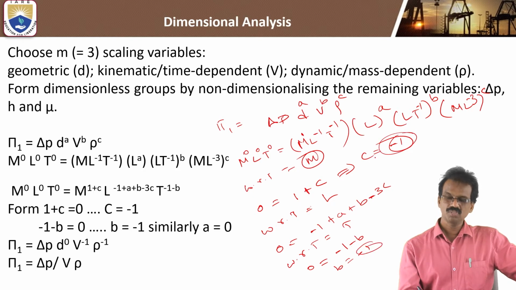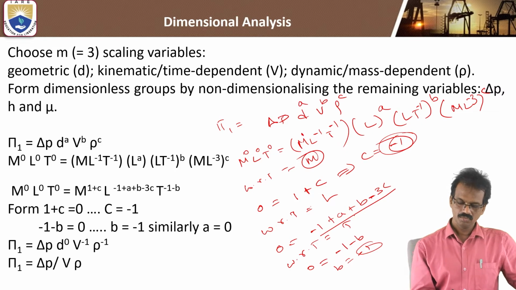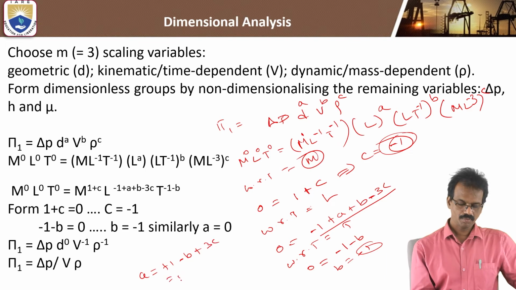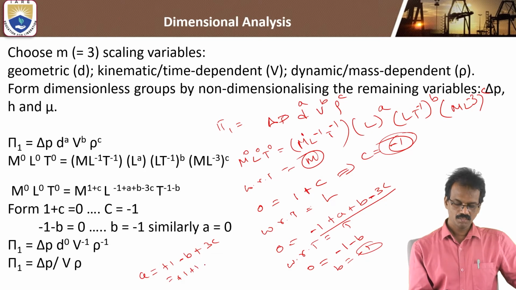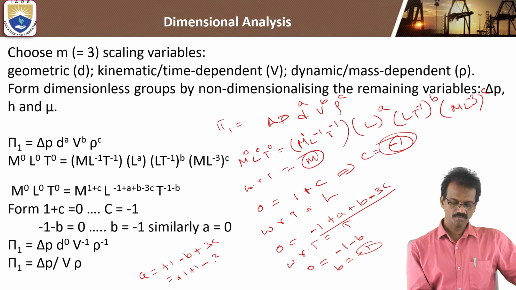If you substitute the c and b values in this equation, you will get the a value also. So a is equal to plus 1 minus b plus 3c, b is equal to minus 1, c is equal to minus 1, so minus 3.